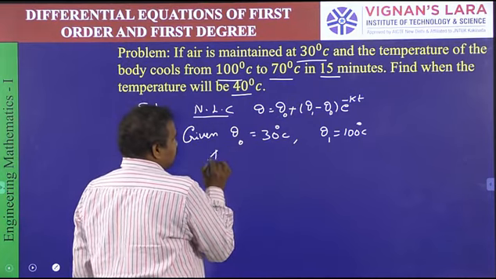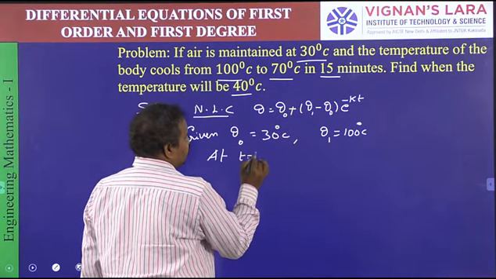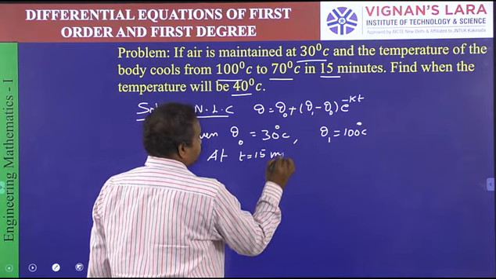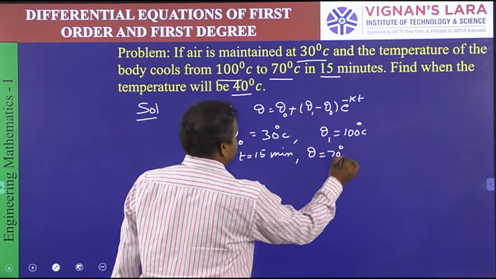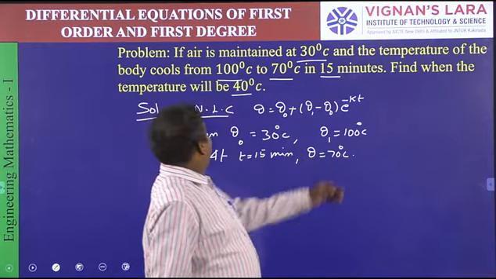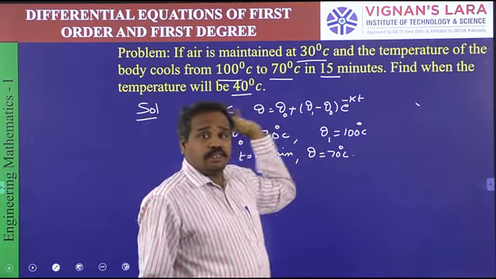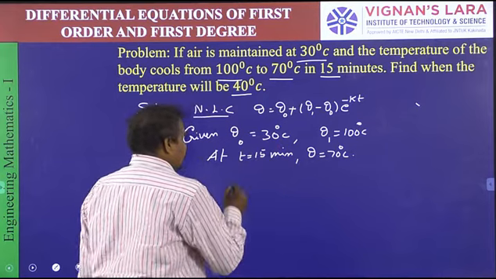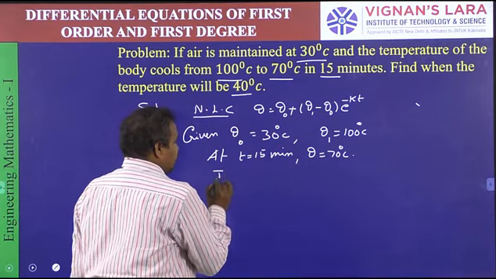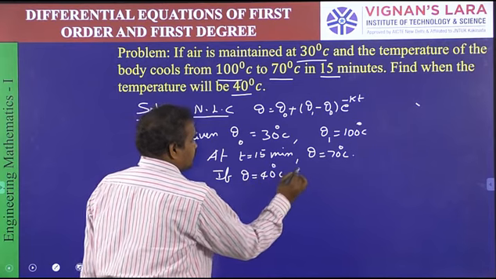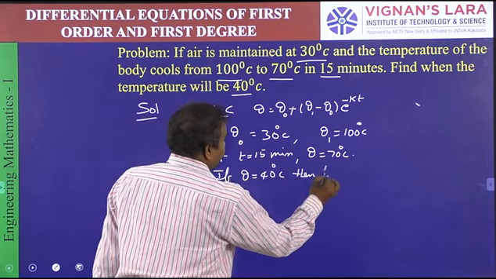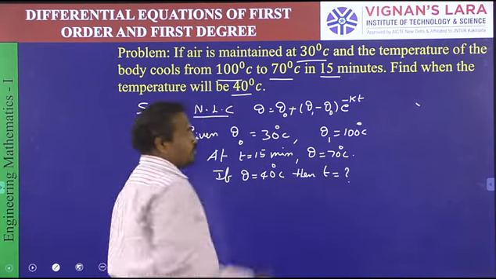That means at t equal to 15 minutes, the temperature of the object is 70 degrees centigrade. Now we have to calculate: find when the temperature will be 40 degrees centigrade. If theta is equal to 40 degrees centigrade, then we have to calculate the time.